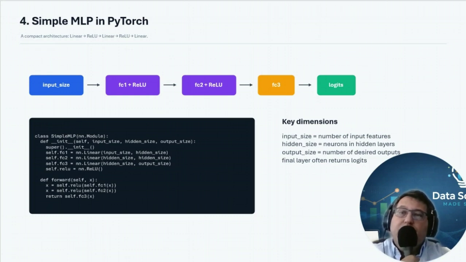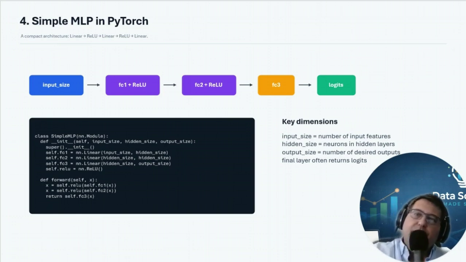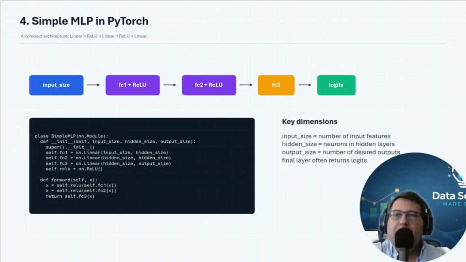Notice something important. We do not apply ReLU after the final layer. The output layer returns the raw network outputs. For classification, these raw values are often called logits. For example, in a binary classification problem, the model may output a value such as 2.4. That number is not directly a probability. We could apply a sigmoid function and transform it into a value between 0 and 1.